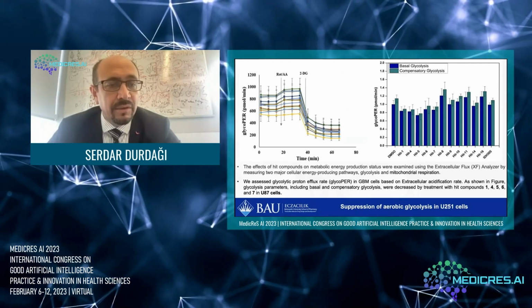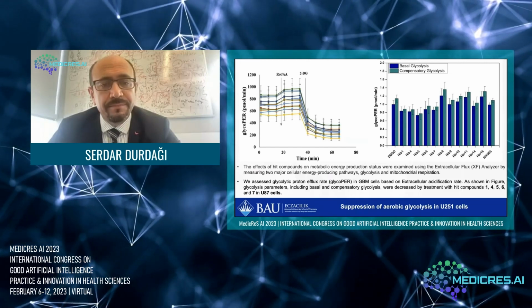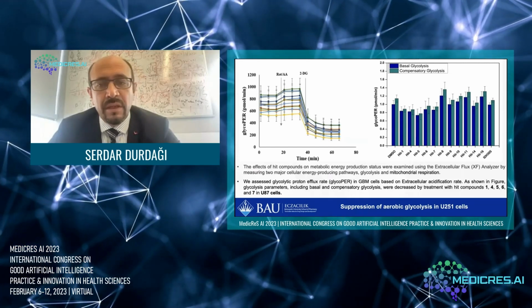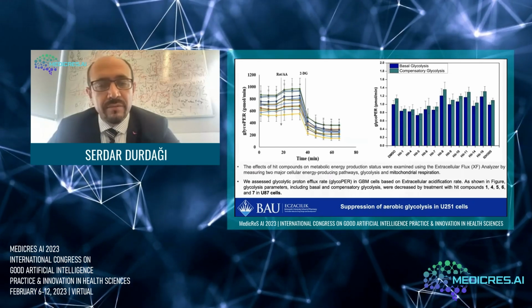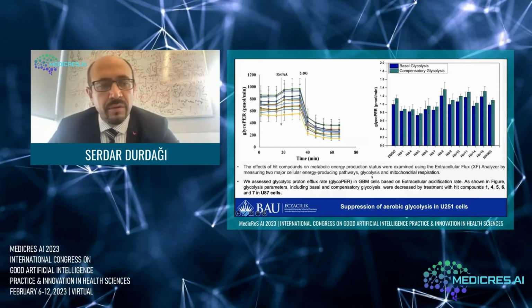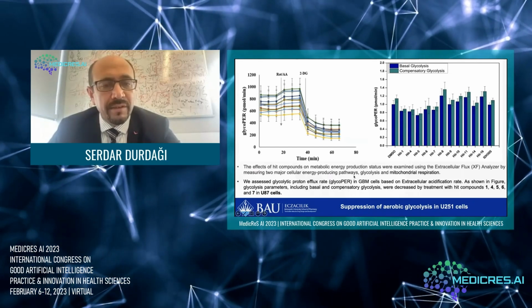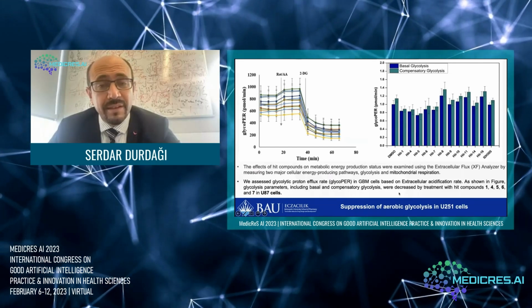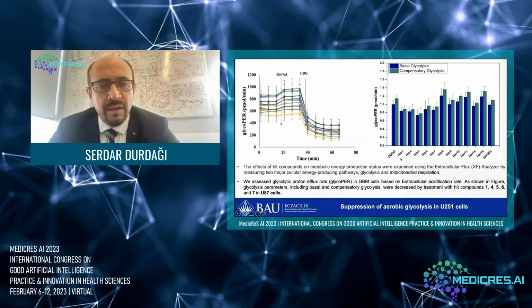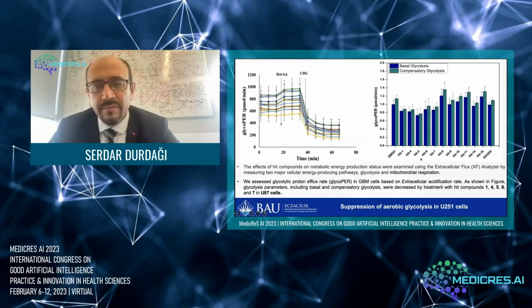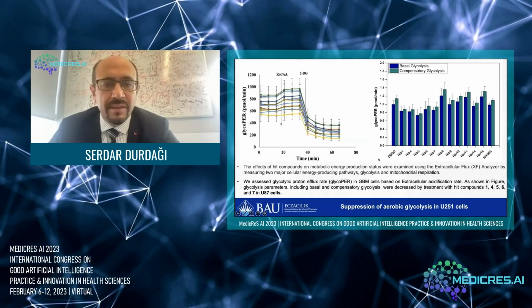We assessed glycolytic proton efflux rate in GBM cells based on extracellular acidification rate. As shown in the figure, glycolysis parameters including basal and compensatory glycolysis were decreased by treatment with heat compounds 1, 4, 5, 6, and 7 in U87 cells.